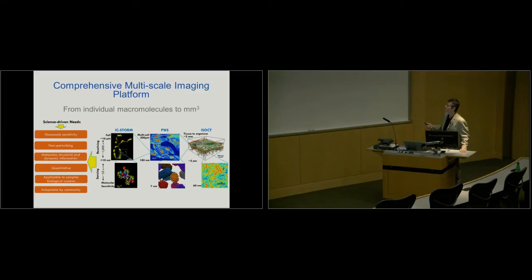You can be sensitive to molecular, structural, and dynamical domains. The techniques are quantitative, and that's important for anybody who has done ultramicroscopy in the past. You can probably appreciate that it's really important to have quantitative information, which you can compare from one cell to another, and you know what you're measuring. And it's applicable to complex systems such as cells or whole tissues.